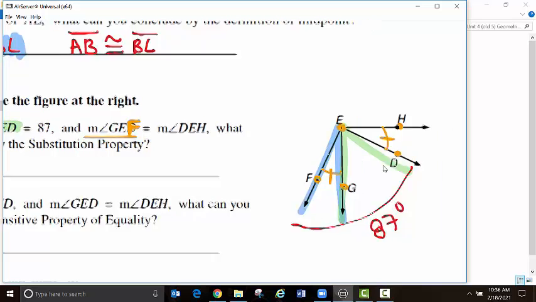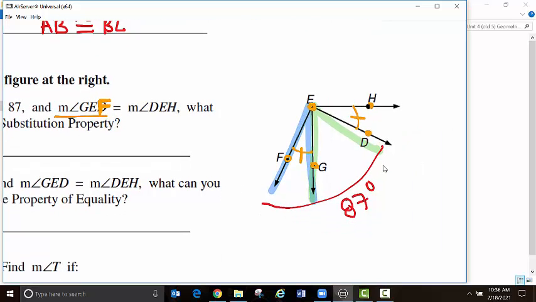Well, what can we conclude? If blue plus green is 87, and we just said that this is the blue amount, well, this is the blue amount as well, then these two must also equal 87.